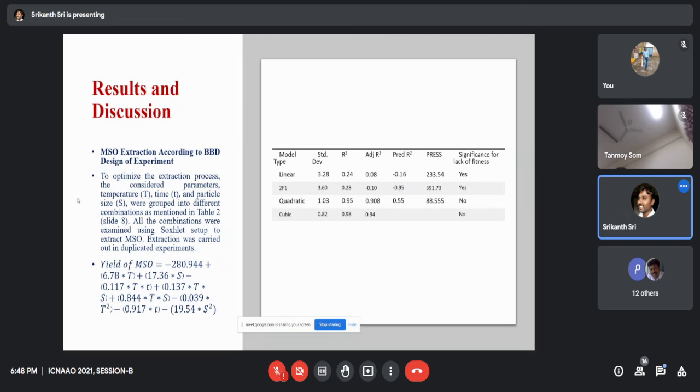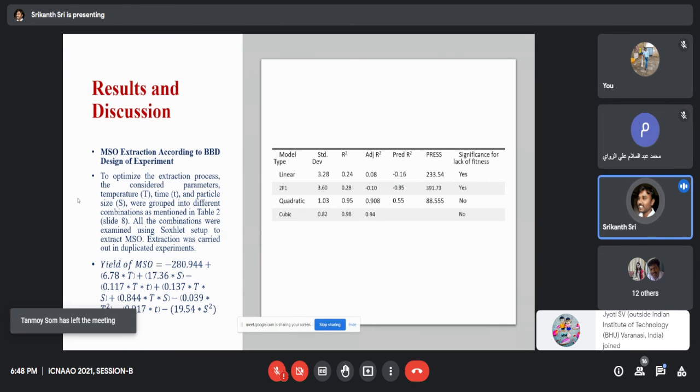Coming to a few results about MSO extraction according to the BBD design of expert, to optimize the extraction process we considered the parameters temperature, time, and particle size grouped into different combinations, which are seen in the table before, and all the combinations were examined using the Soxhlet setup to extract MSO.